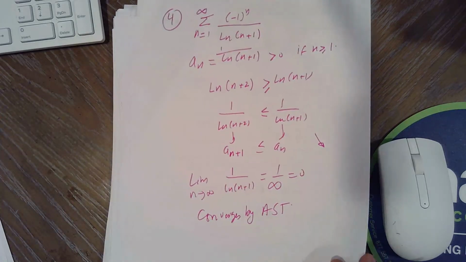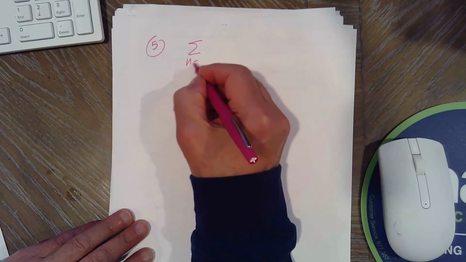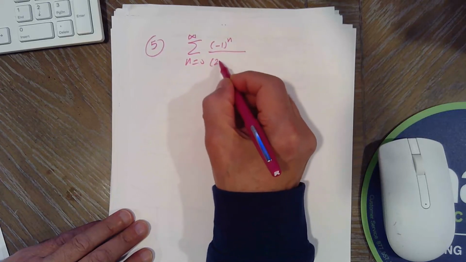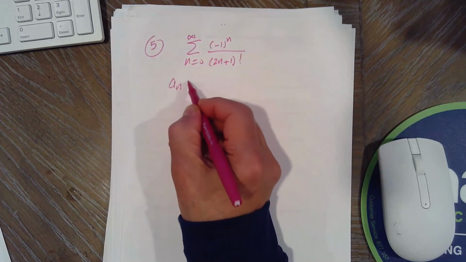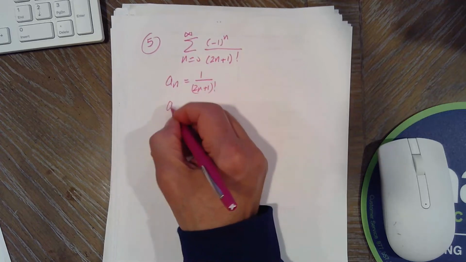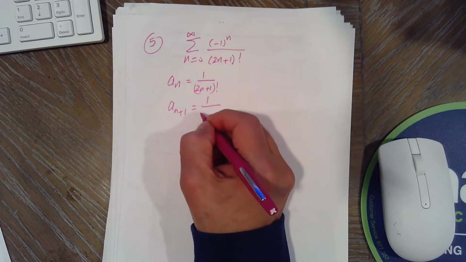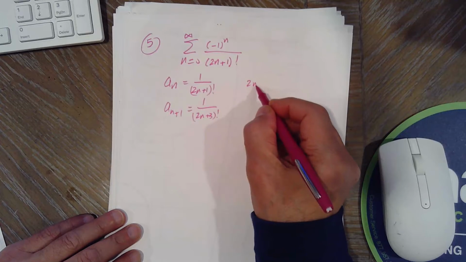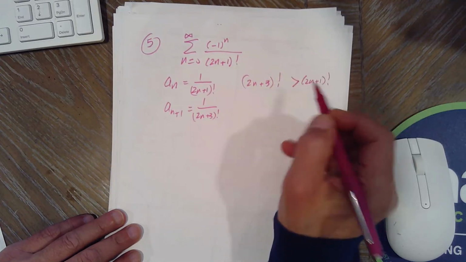Okay, number 5, the sum from n equals 0 to infinity of negative 1 to the n over 2n plus 1 factorial. If an equals 1 over 2n plus 1 factorial, then an plus 1 would be 1 over 2 times n plus 1, plus 1, so it's 2n plus 3 factorial. We also know that 2n plus 3 factorial is greater than 2n plus 1 factorial, right?